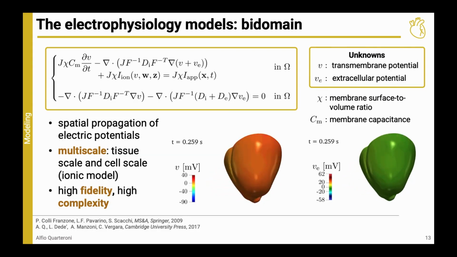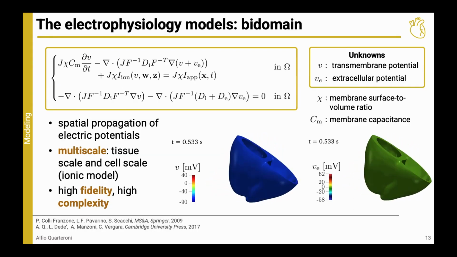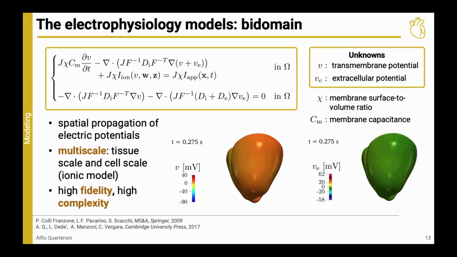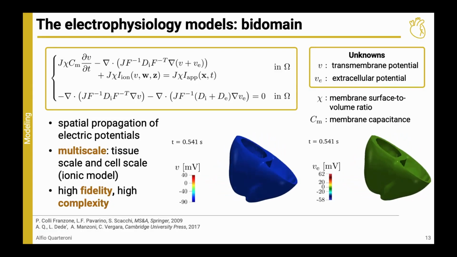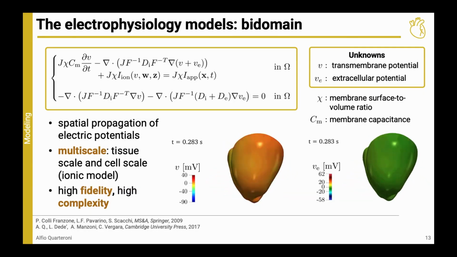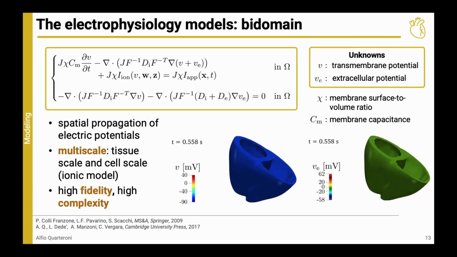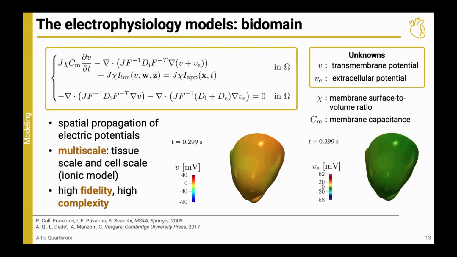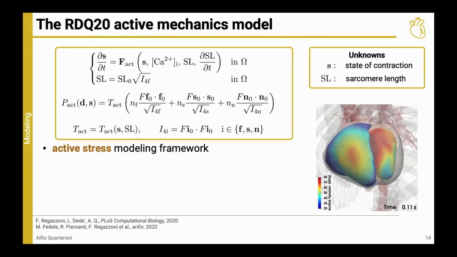And if you solve this problem, which is in dialogue with the previous model through this ion variable, so it's coupled to the previous system of ordinary differential equations, then you will be able to reproduce the propagation of the electrical field in the ventricles.